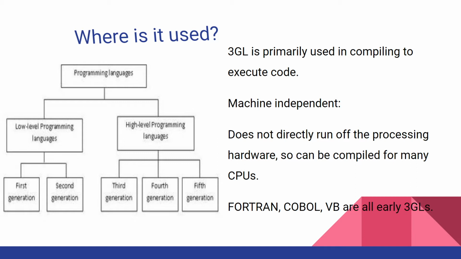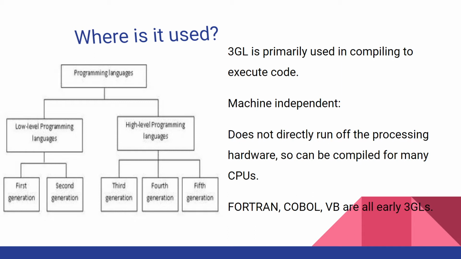They do not run directly off a processor, and therefore you can compile the same code for many CPUs. Examples of third generation languages: Fortran, COBOL, Visual Basic, they're all early examples. But now C, Java, Ruby, C#, C++, they're all third generation languages, and they all use the same basic structure, which is almost English in the coding style and structure.